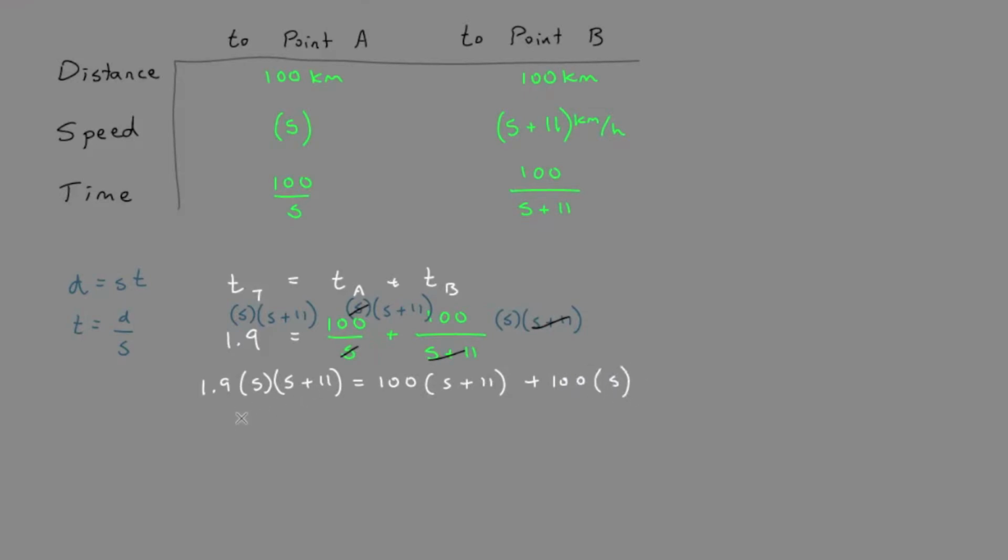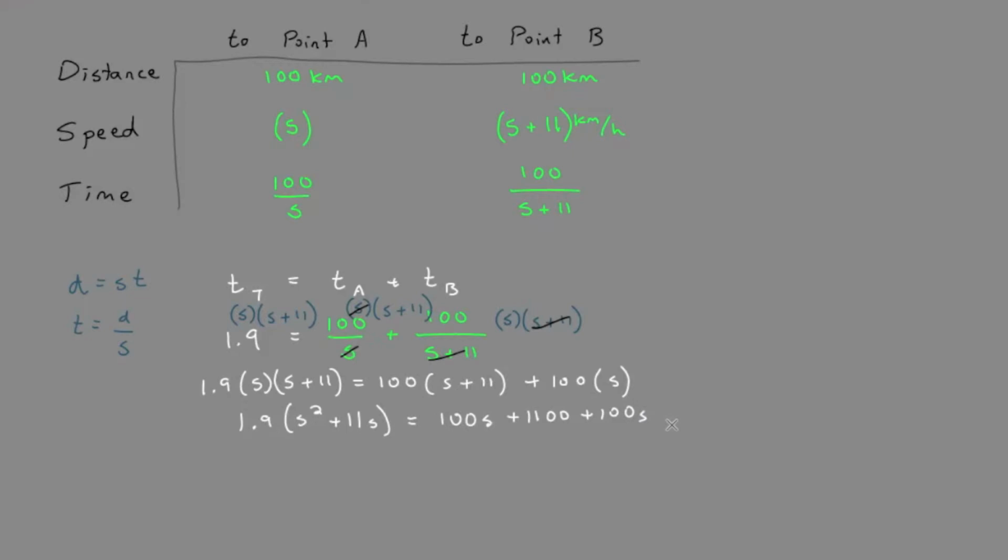Simplifying this, we would get 1.9 s squared plus 11s equals, I'll distribute these both, so we get 100s plus 1100 plus 100s.